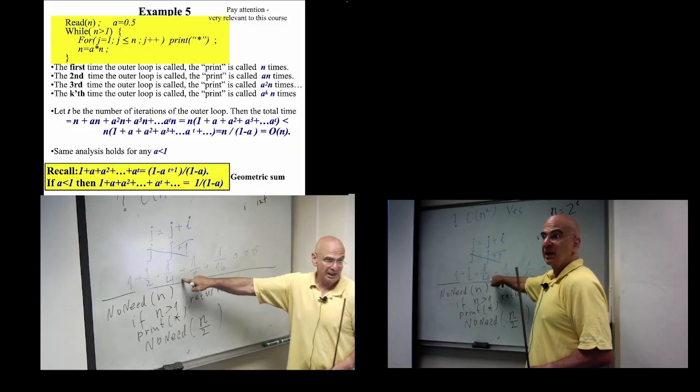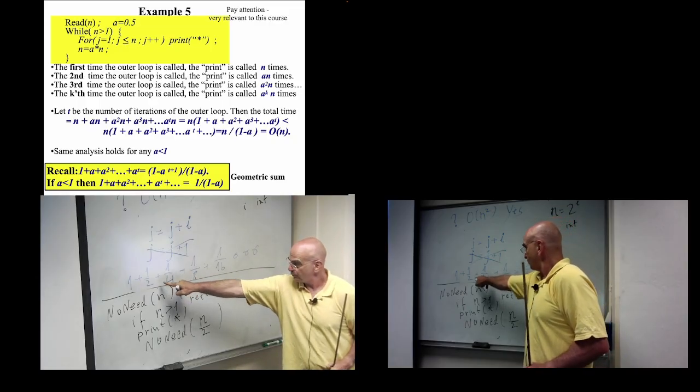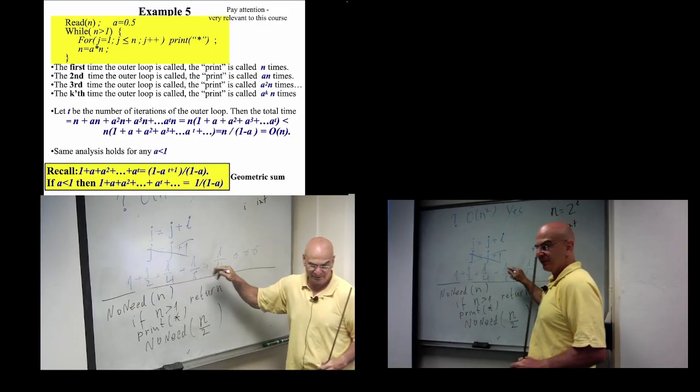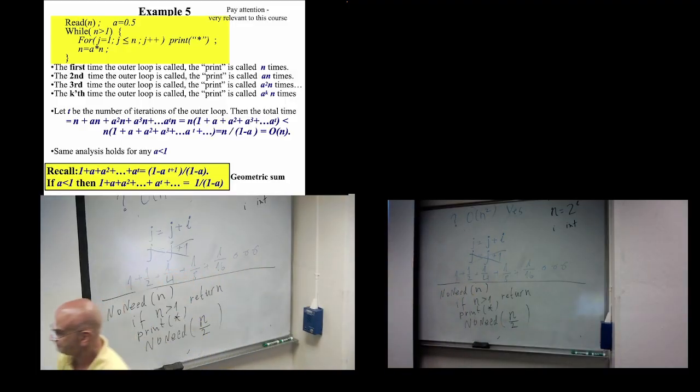Don't confuse it with the harmonic sum, because then I had 1 over third, 1 over fourth, 1 over fifth. No, that's geometric. So you have n times all these creatures, which is just n times 2.